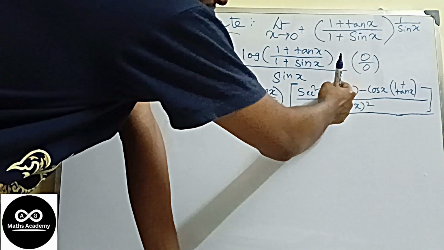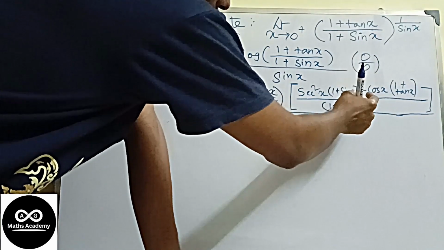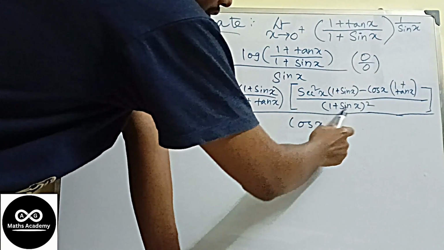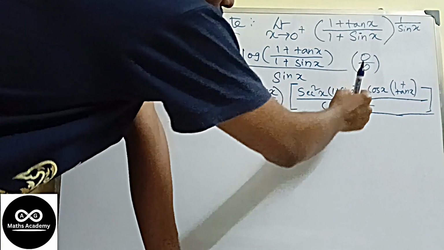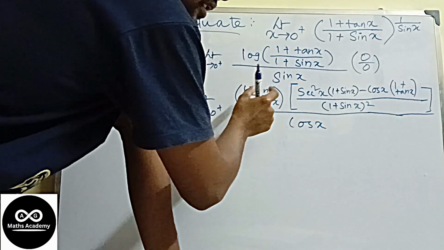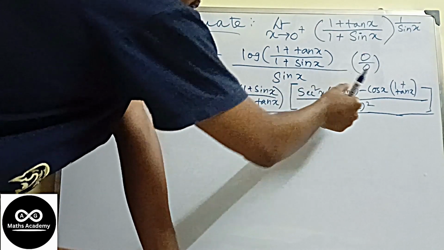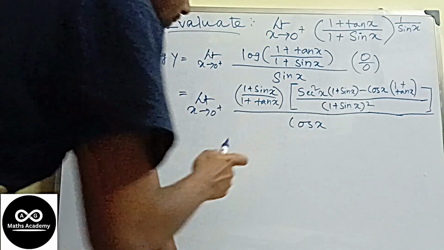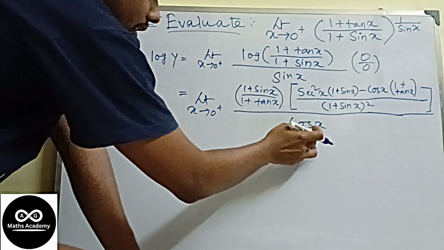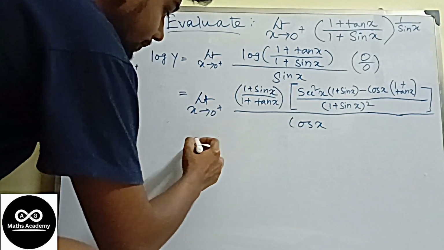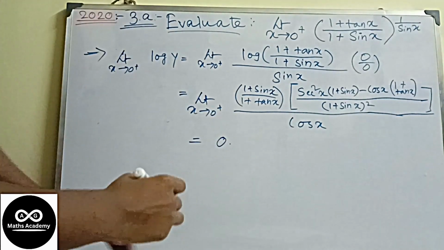So it will be 1 minus 1, which will be 0, and it will be 1. So 0 by 1, and this part is 1 actually. So 0 into 1, which is 0. So now what do we get? And it is 1, so 0 by 1, which will be 0.